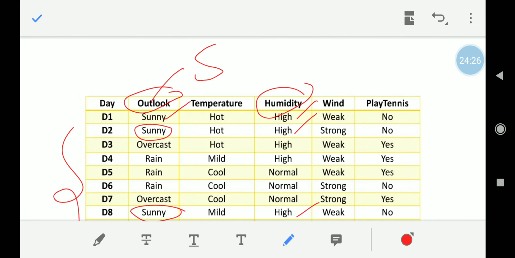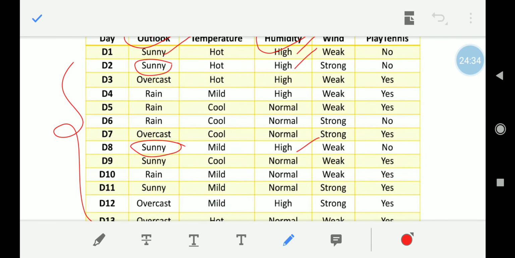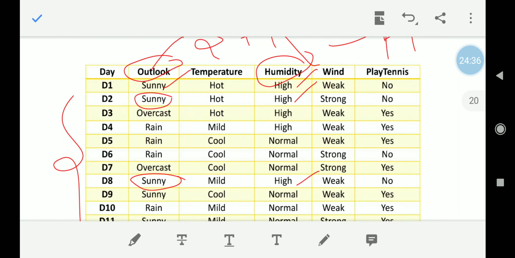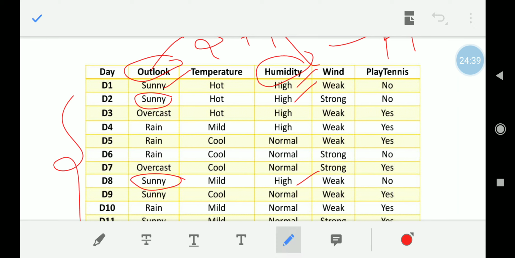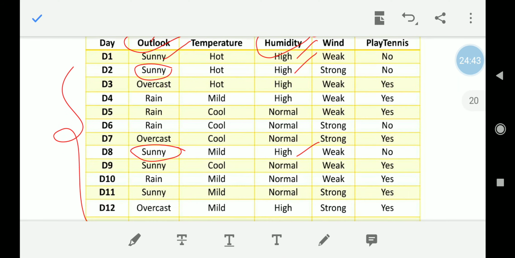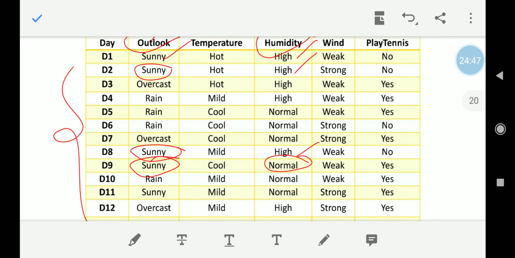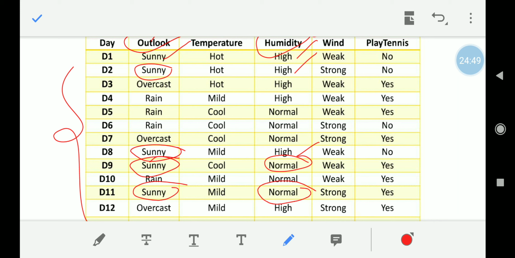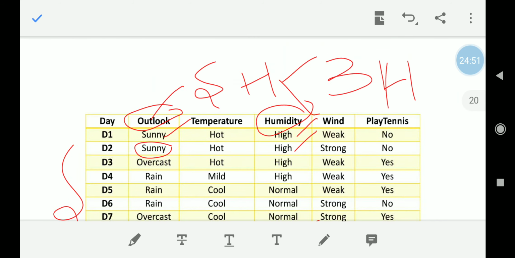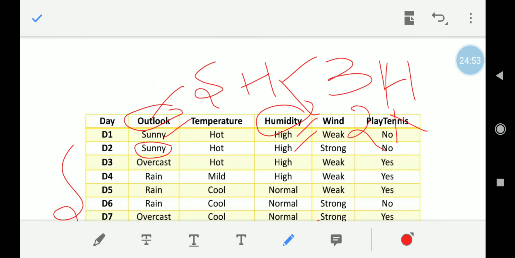So when outlook is sunny, you have humidity 3 high. And when outlook is sunny, how many normal are there? You can check here, outlook is sunny and it is normal. So again you have 2 normal.